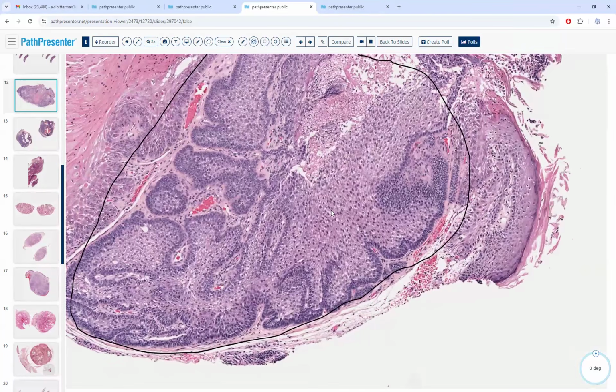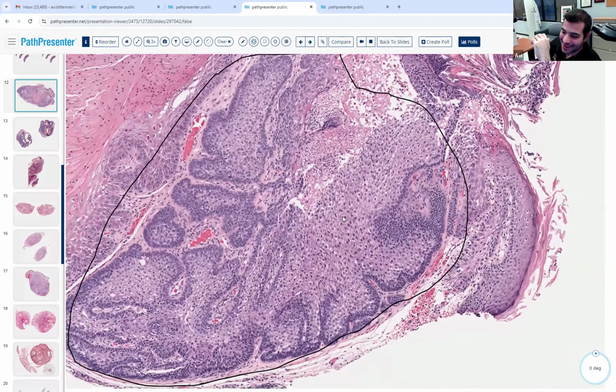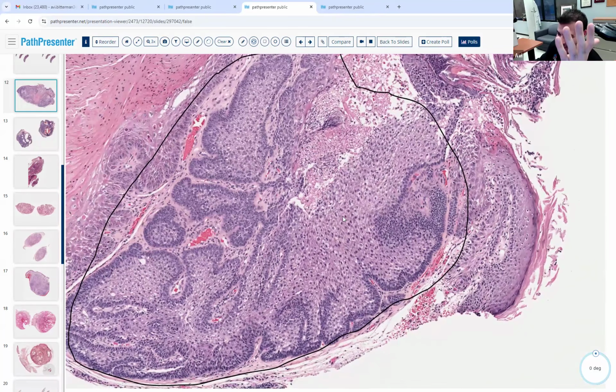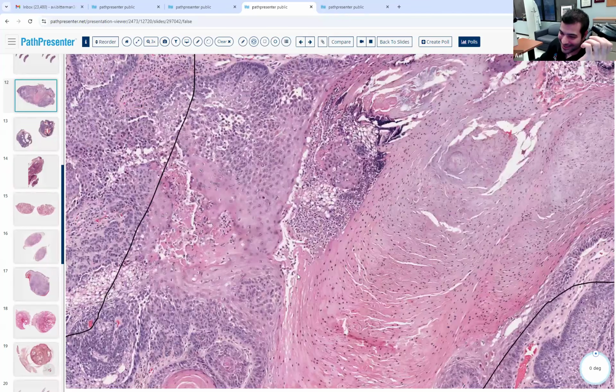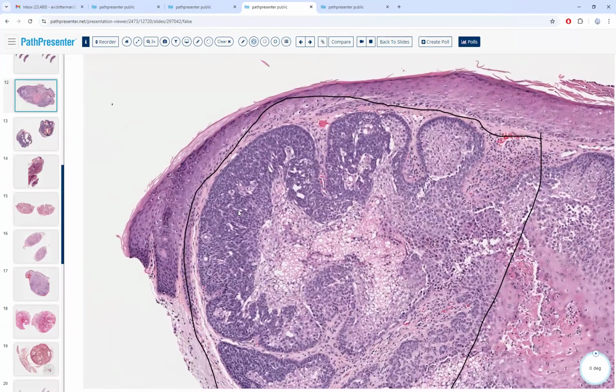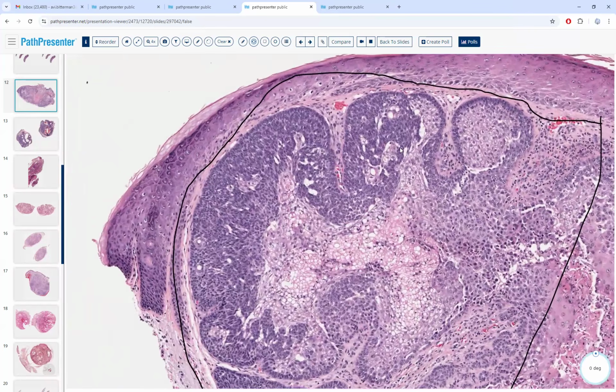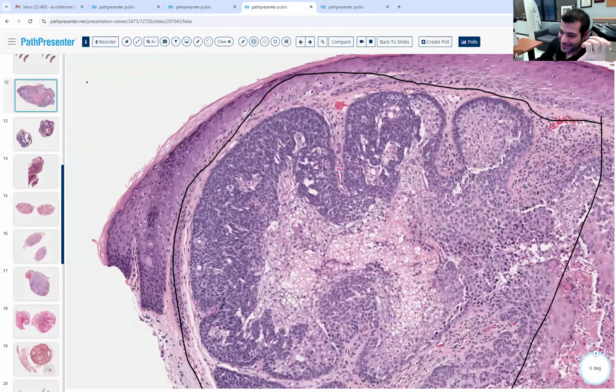There's sebaceous adenomas and sebaceous epithelioma, depending on whether it's greater or less than 50% sebaceous cells. Which one is more than 50%? Sebaceous adenoma. Now let's go back to this one. That one looks like more than 50%. What's this one? Less than, so this would be a sebaceous epithelioma. And what's another name for sebaceous epithelioma? Sebaceoma. Good.